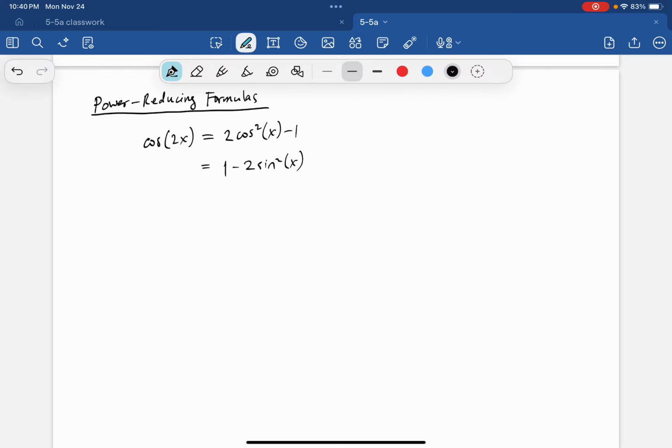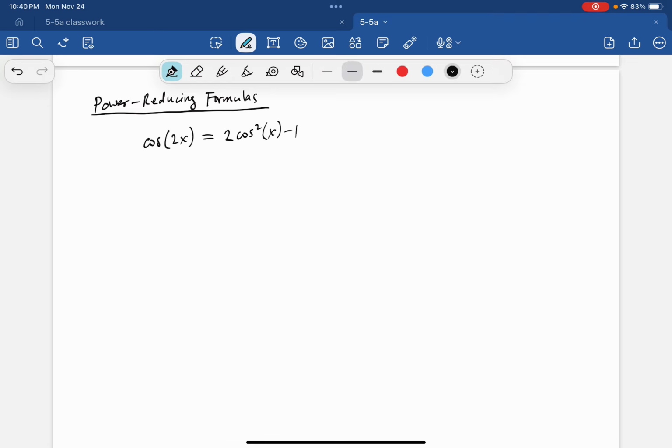The motivation is that with some algebraic manipulation, we can isolate that cosine squared, or isolate that sine squared. That would allow us to write cosine squared and sine squared only in terms of cosine 2x. So if we did that for the first equation, let's go top down.